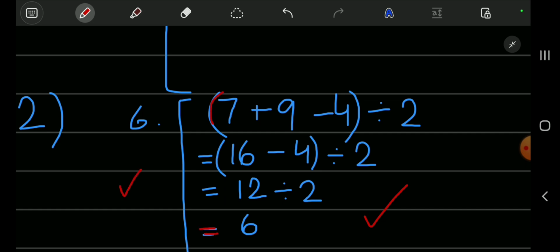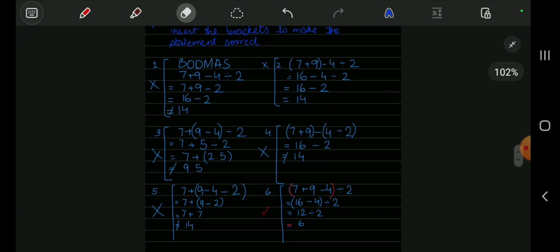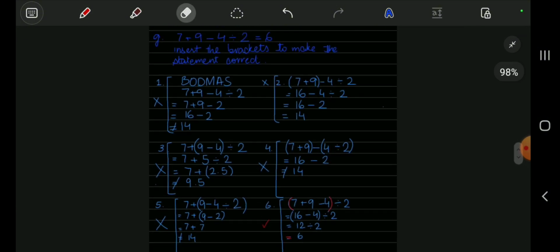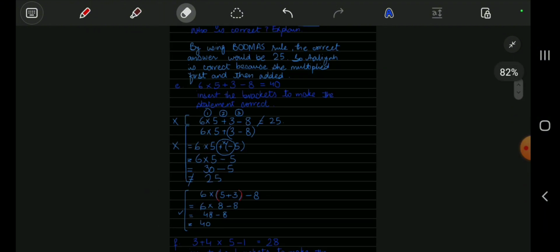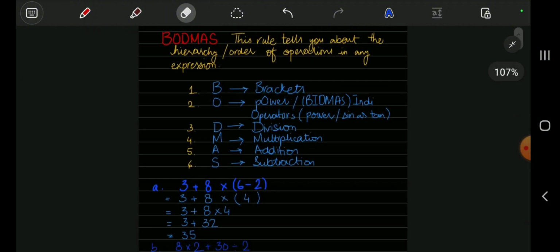Okay. And this is it. See, we needed a 6 and we got the 6 only when we put the brackets around the 3 digits. Okay, so this is how you can do your expressions that need to be solved by looking into the hierarchy of operations. So what is the BODMAS rule?